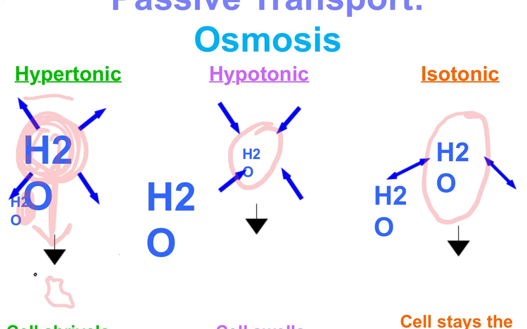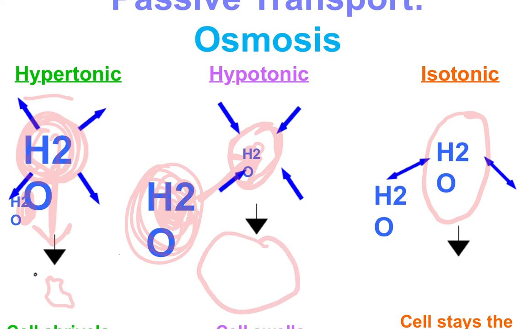In hypotonic, the cell has a very small concentration of water, and outside is a very large concentration of water. So this larger concentration wants to equal this out, so it's going to move inside of the cell, making the cell swell from this size to a larger size.